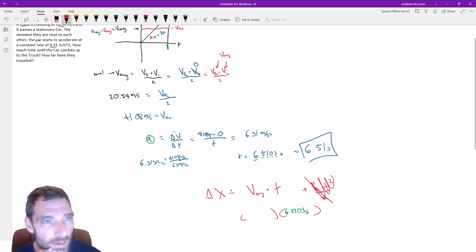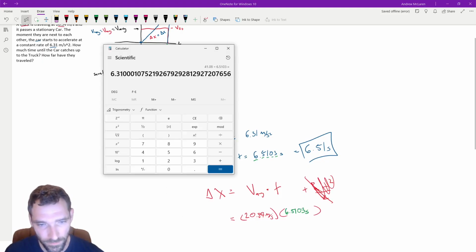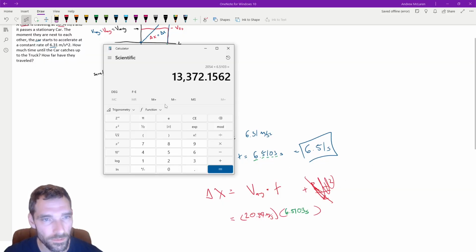So we've got our v average of 20.54 meters per second, which is just that constant. We just times it by the time. 20.54 times 6.5103. Oh, hold on. We missed the decimal point.